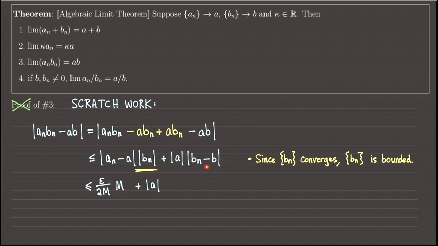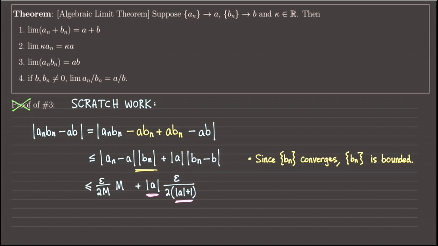Likewise, for b_n minus b, you might be tempted to write epsilon divided by 2 times the absolute value of a, from which you could break it up into two cases, a is 0 or not 0, but there's a little bit of a trick. Let's write epsilon divided by 2 times the quantity absolute value of a plus 1. The nice thing here is that this is not 0. Even if a is 0, it's not 0. This is strictly positive. And then this expression is not exactly epsilon over 2, it's less than epsilon over 2.